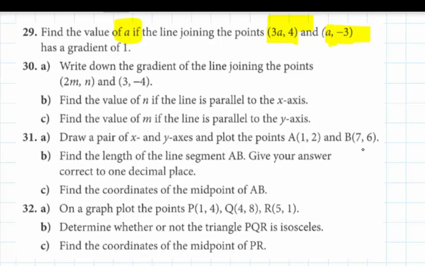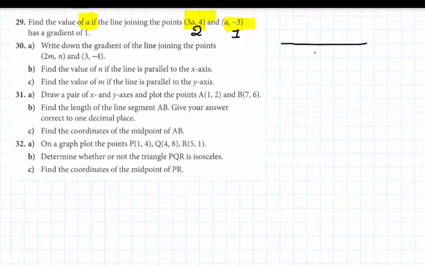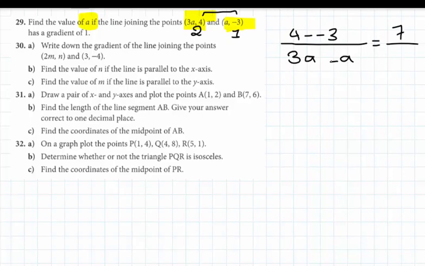Then we just follow the rule. Gradient is y2 minus y1 over x2 minus x1. We can consider this point as x2 and y2 and this point as x1 and y1. Then the gradient is 4 minus negative 3 over 3a minus a. 4 minus negative 3 will be 4 plus 3, it's 7, and 3a minus a is equal to 2a.